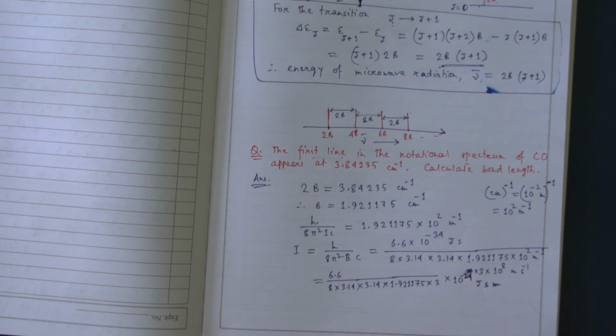Joule equals Newton meter, and Newton equals kg meter per second square, so the unit works out to kg meter square.